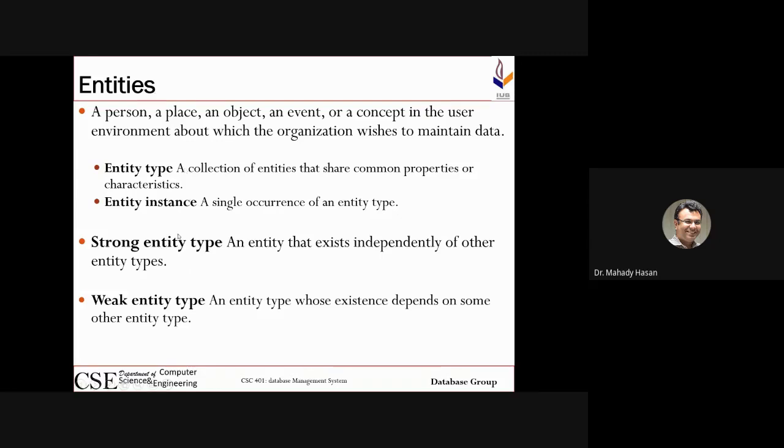Okay. So entity could be of two types. One is strong entity, another is weak entity. Strong entity means that it can represent itself independently without any help. And weak entity needs someone's help to identify itself. So these are definitions. I am not going into detail of the entity examples.